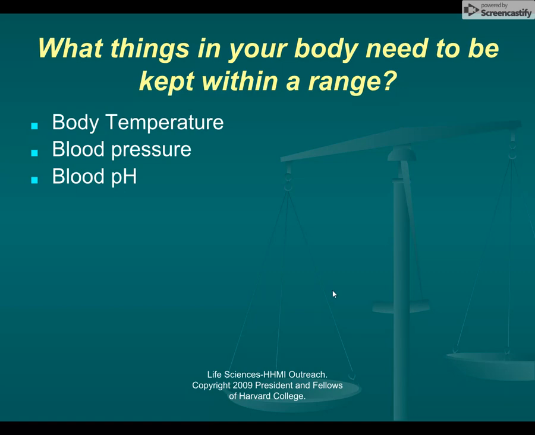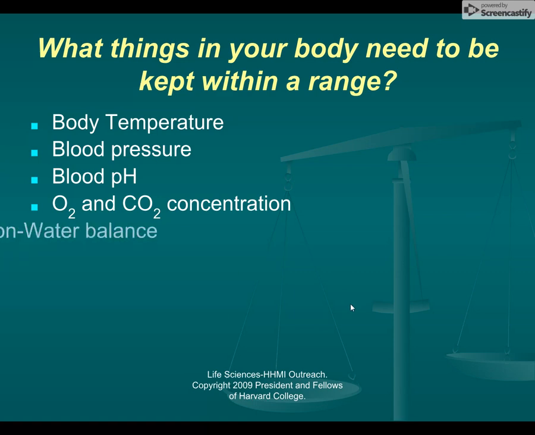Those kinds of questions are things that your body is constantly monitoring and trying to keep within a certain range. Oxygen and CO2 or carbon dioxide, when those concentrations are out of whack, bad things can happen to the body. So your body will try to keep those in a certain range.